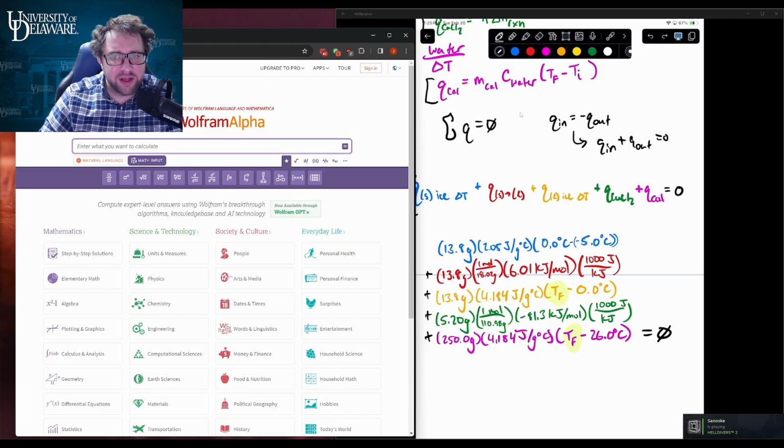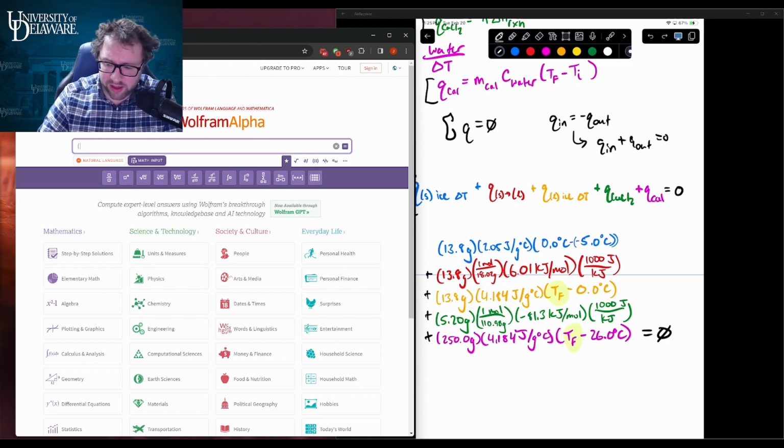So we're going to input these values here. So again, just typing these in, 13.8. You can put units in here. There is some way for Wolfram to recognize them, but I'm not super confident in how that works, and what kind of caveats there are. So I don't typically include my units.